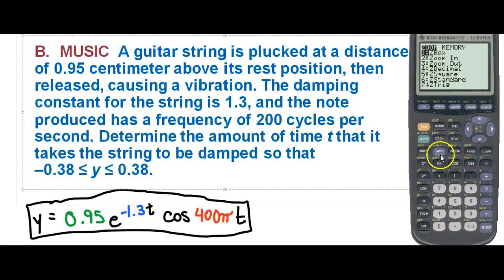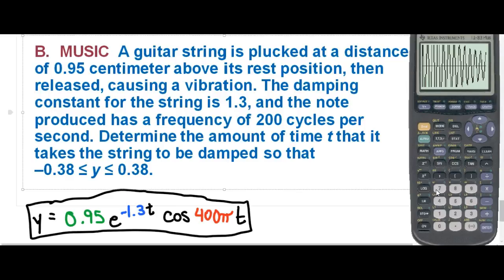Let's go ahead and try the trig fit. And that's probably going to be a little too much for our purposes. So what I actually did here was I zoomed the window in such that my maximum y value was at 0.4 and my minimum was at negative 0.4, so that when I look at the graph, I can see around where it actually fits into that window.